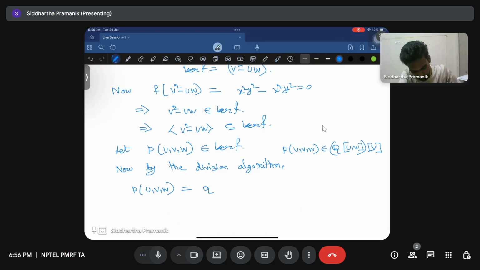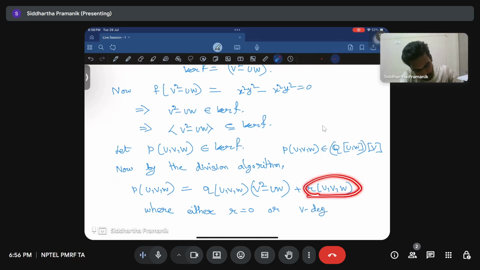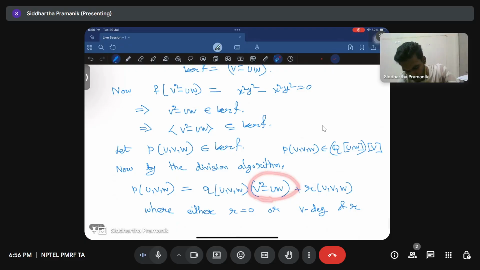So then you will get q(u, v, w) times (v square minus uw) plus some r(u, v, w), where either r equals 0 or v-degree, meaning the degree of this polynomial r as a polynomial in this ring, v-degree of r is less than v-degree of this polynomial, and v-degree of this polynomial is 2.